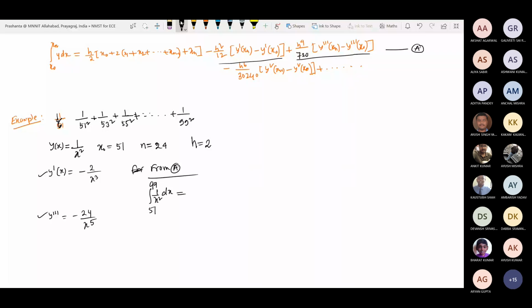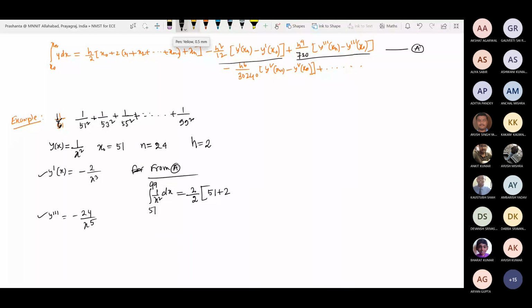Right hand side is 2 by 2, since h is 2, times x naught is 51 plus 2 times... not x naught, these are y naught values.